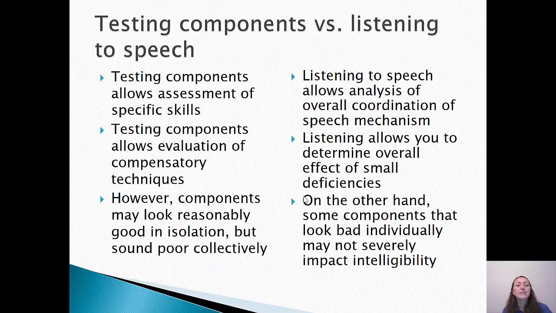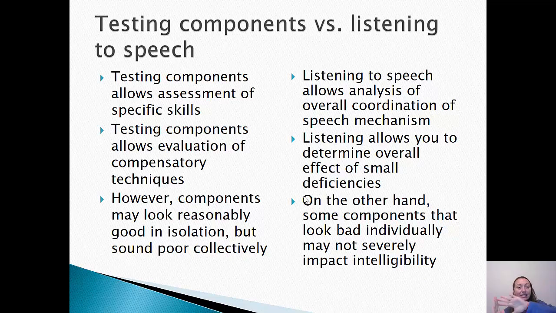So this is a repetitive slide from maybe PowerPoint 1 or 2, where all I'm trying to say is we do a lot of isolated skills assessment of phonation, resonance, prosody, articulation, and so on. And that's great. A prolonged ah is wonderful and helpful, and it's part of that comprehensive motor speech informal assessment.